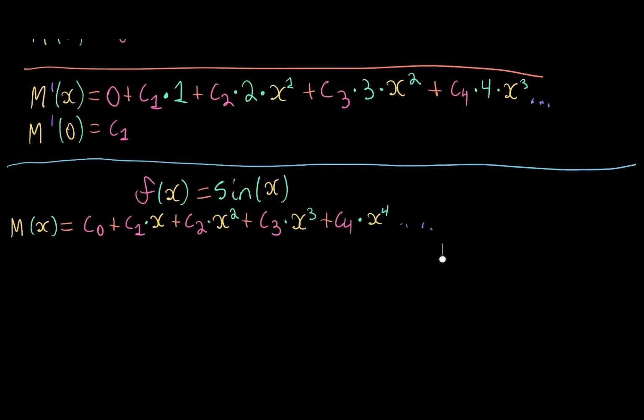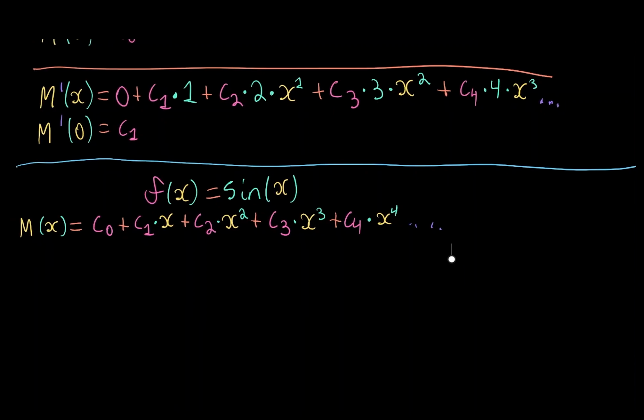Now we want the 0th derivative to match, again, that summation piece that we built there. Let's exploit that. So what is sine of 0? Sine of 0 is equal to 0. Simple.